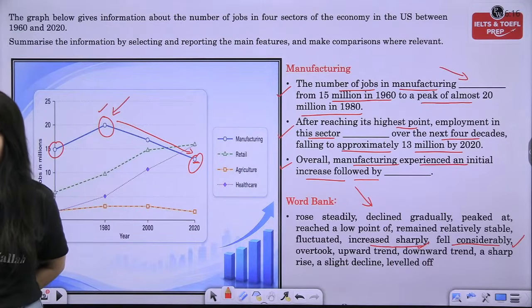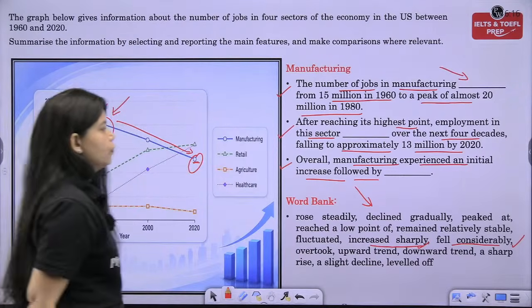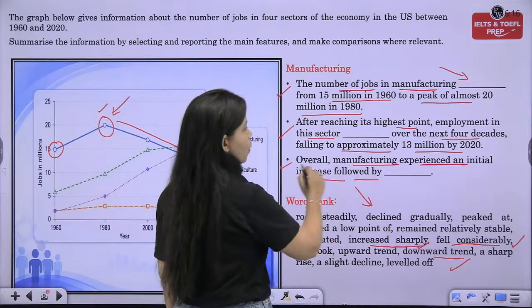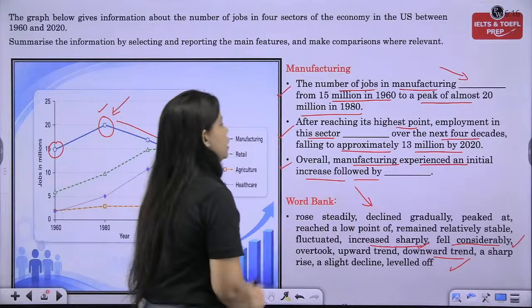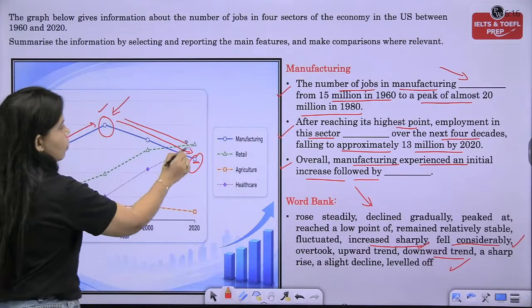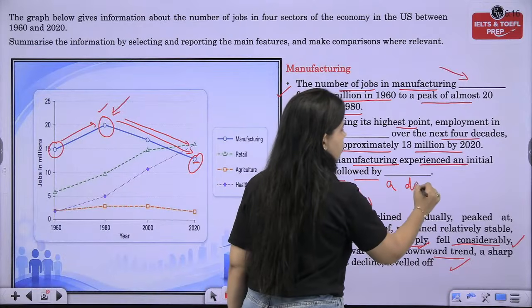Come on, come on. Okay. The third one is followed by a downward trend. So overall manufacturing experienced an initial increase followed by a downward trend.